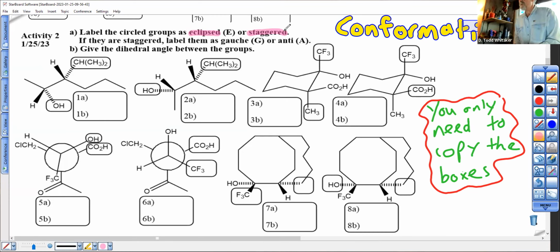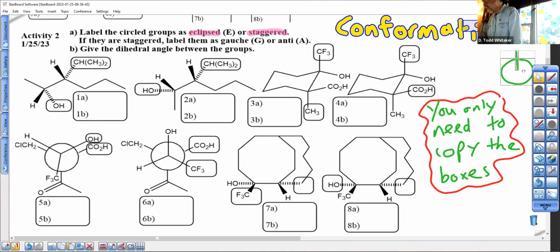Okay, so we're talking about two types of staggered, gauche and anti. And the Newman is the best way to show that. So quick, gauche and anti. If there's a group on the front carbon that's straight up, and then another group on the back carbon that's straight down.